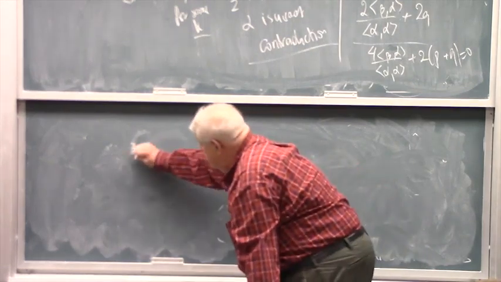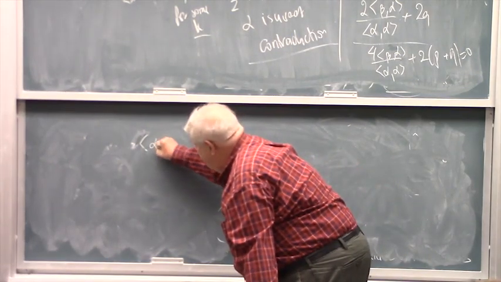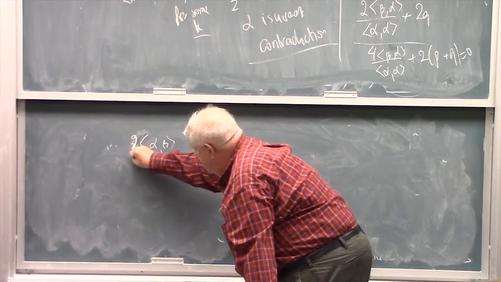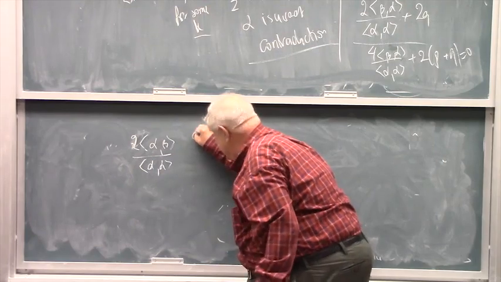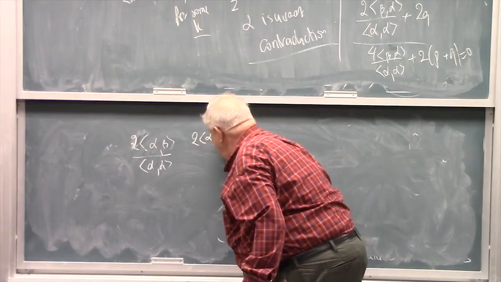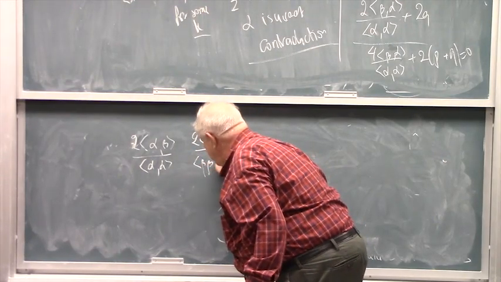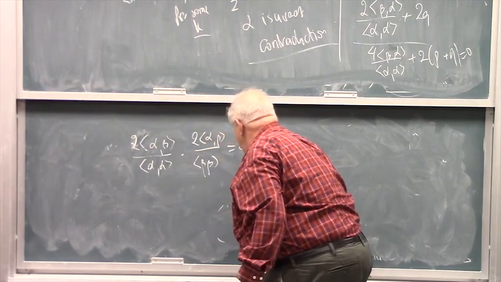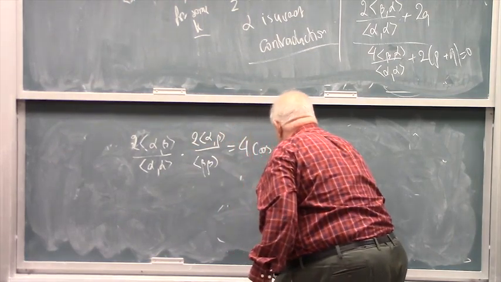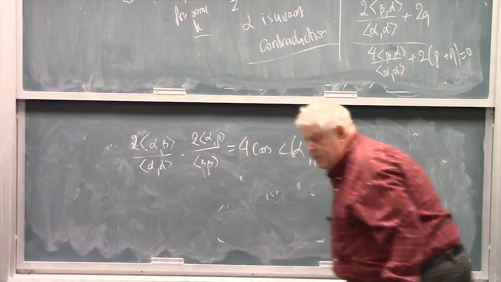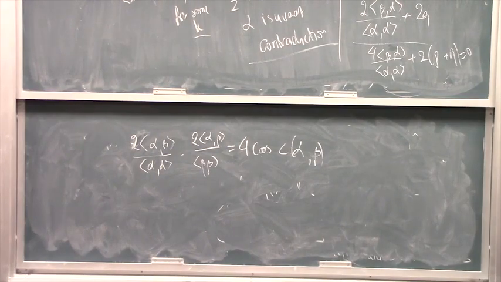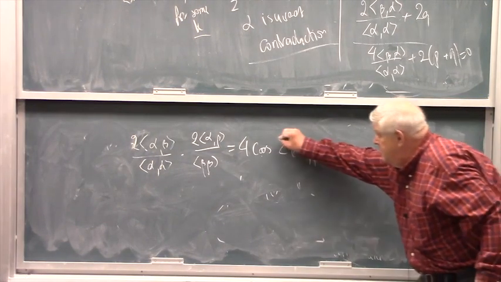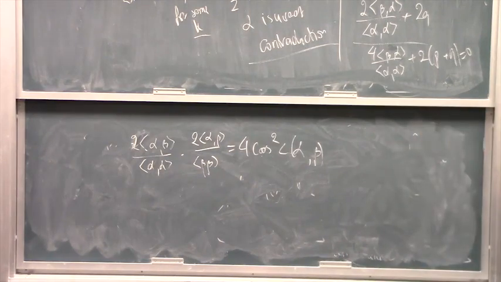And I have this: 2(alpha, beta) divided by (alpha, alpha) is an integer. This is also an integer. And their product, according to the elementary formulas in linear algebra, is 4 times cosine squared of the angle between alpha and beta.